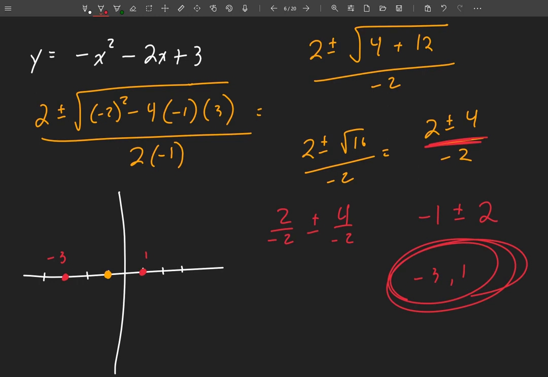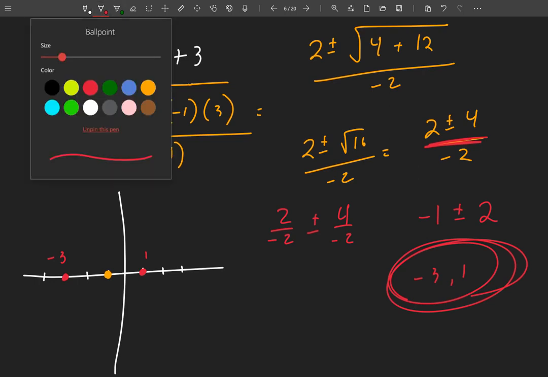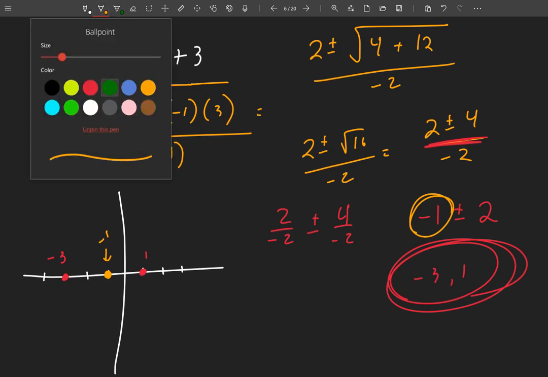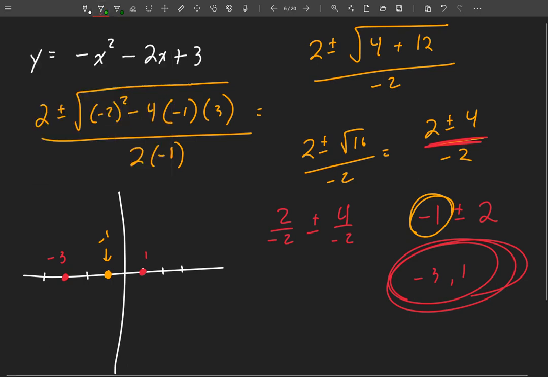But what I want to draw attention to is this -1 right here. It's not a root, but it is important because notice where it lies. Look at its location. The location of that -1, that number here, is in the middle of my parabola. It's in the center. And if you think about how a parabola works, a parabola is symmetrical, right? So in this case, it's upside down.